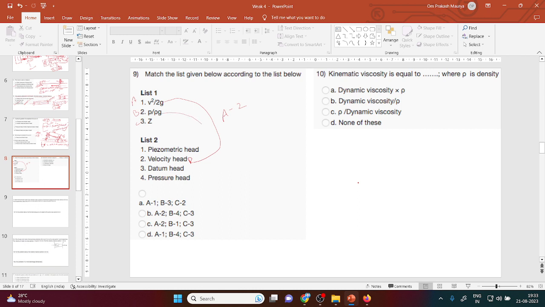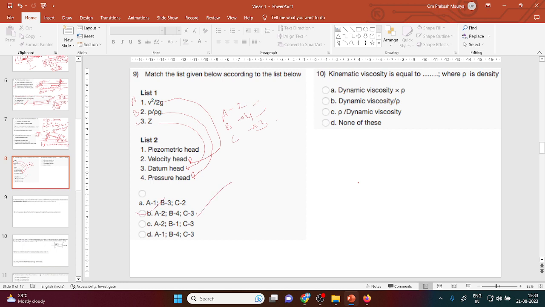P by rho g is the pressure head. For B, this is force, and Z is the datum head. So for C, 3 is correct. 423, 243. Option B is correct for that.